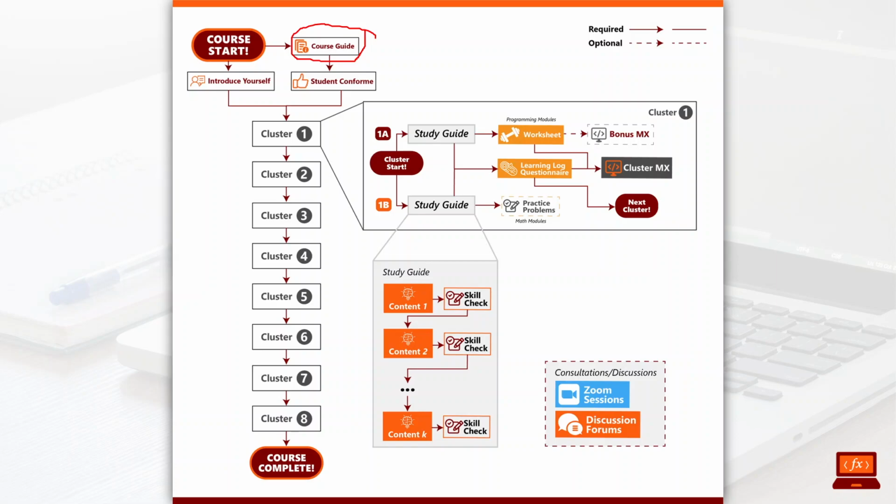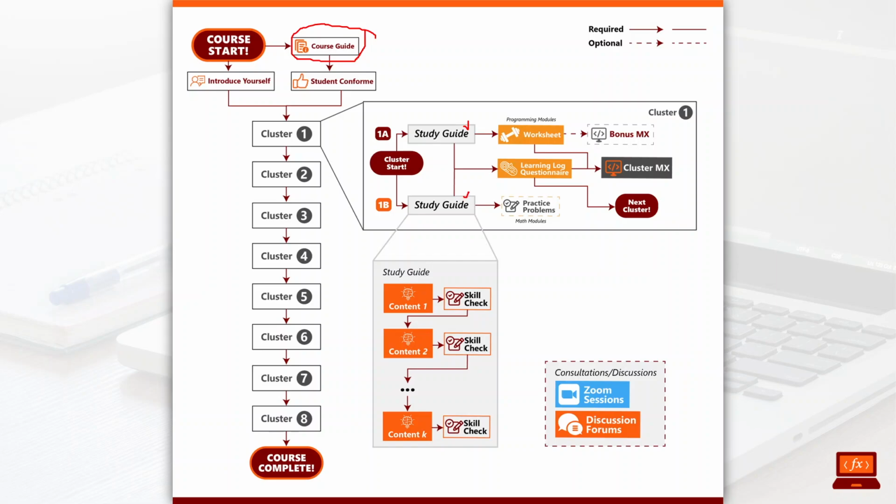So that's for the study guide. Again, magkahiwalay ang study guide ng programming part tsaka ng math part. After that, punta muna tayo sa programming part.